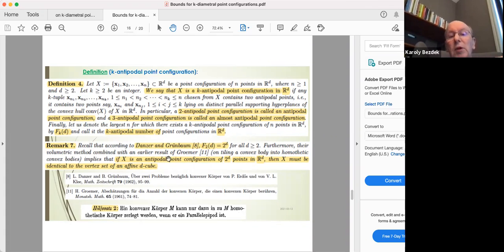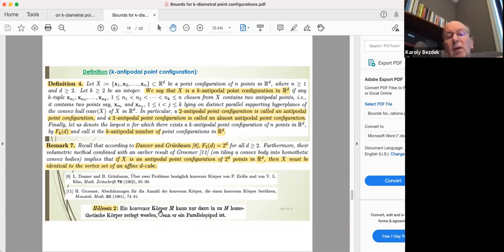Just very briefly, I want to emphasize here that Danzer and Grünbaum did a little bit more, because they could use a result of Groemer. That's the result I quoted here, which states that if you have a convex body and you dissect it into homothetic convex bodies, then that convex body must actually be an affine cube.